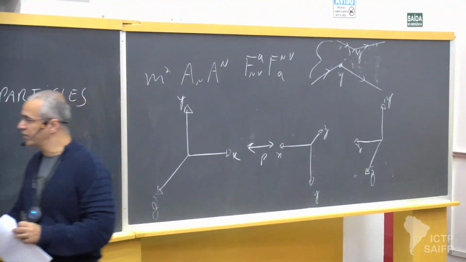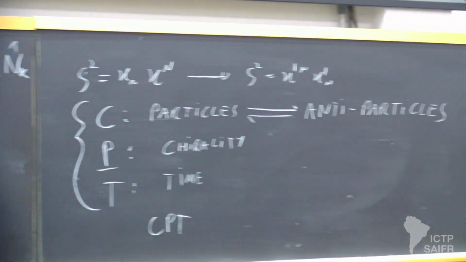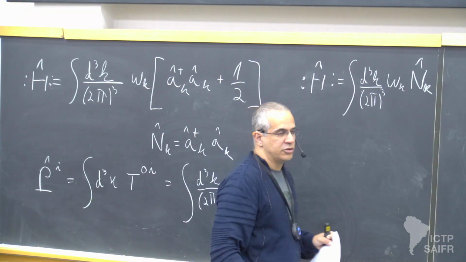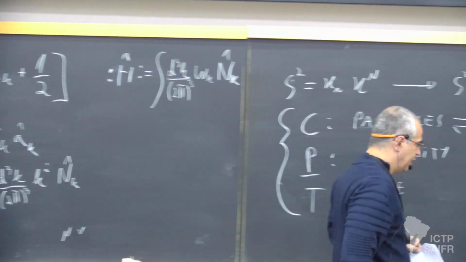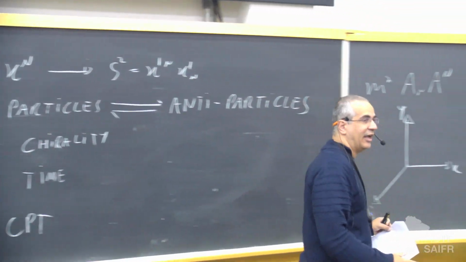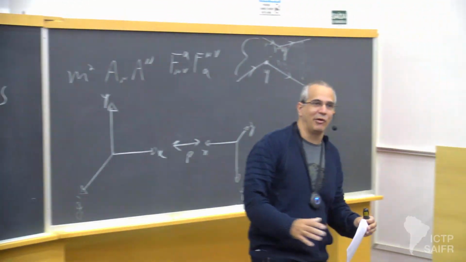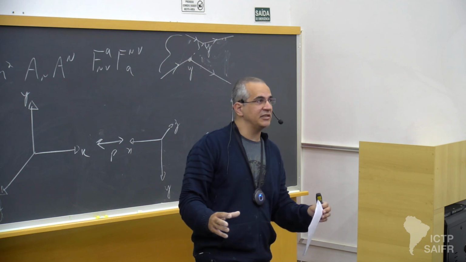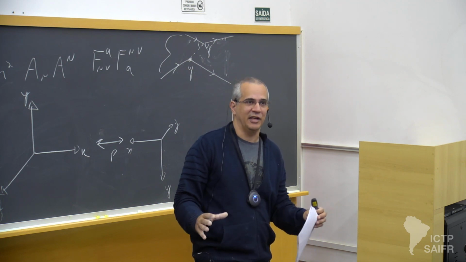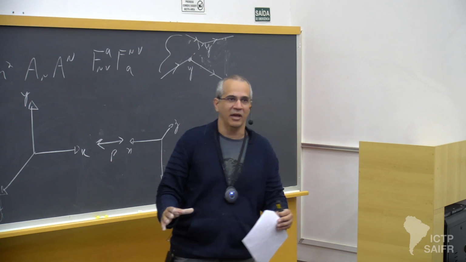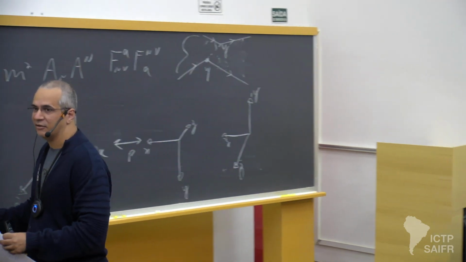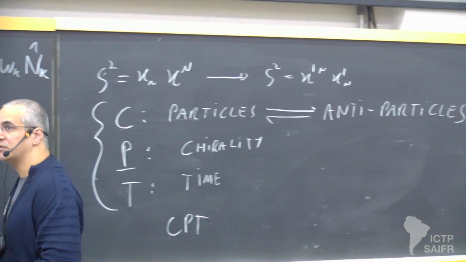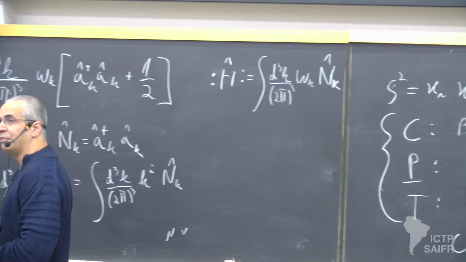So now, the internal symmetries. What is an internal symmetry, right? You can think of many examples, right? So, for instance, everyone here knows what an electron is. Maybe some of you know what a muon is, right? But a muon is like a heavy cousin of the electron. It's equal to the electron in every respect, with the exception that it has a much bigger mass, like 200 times bigger. Right?